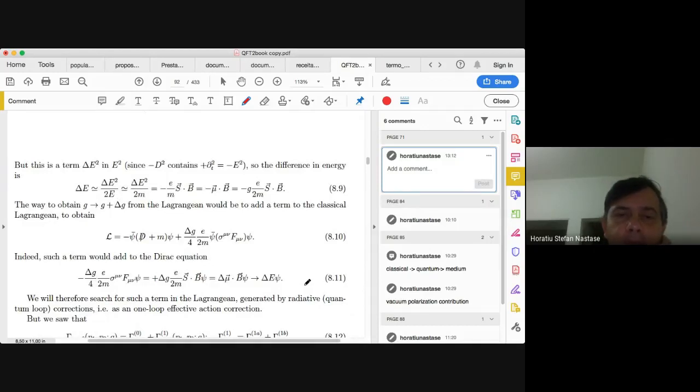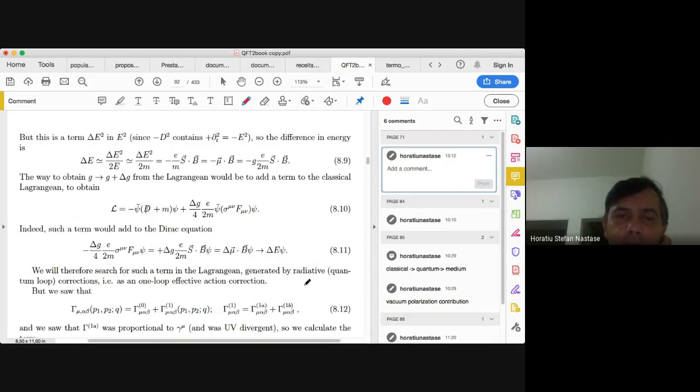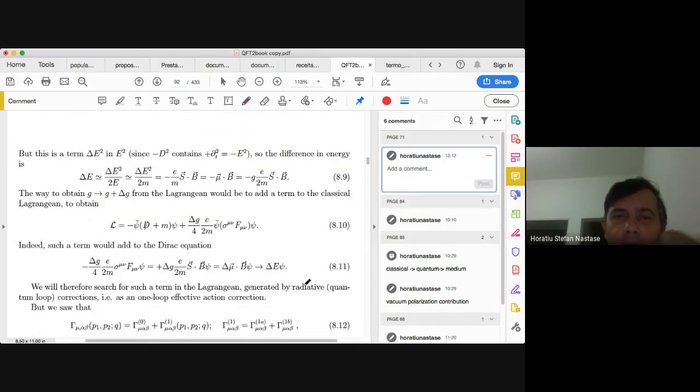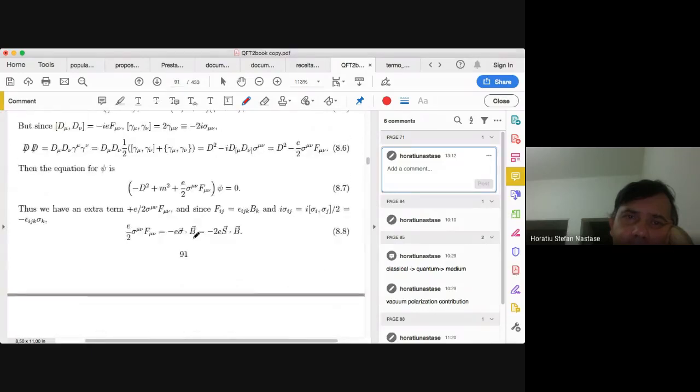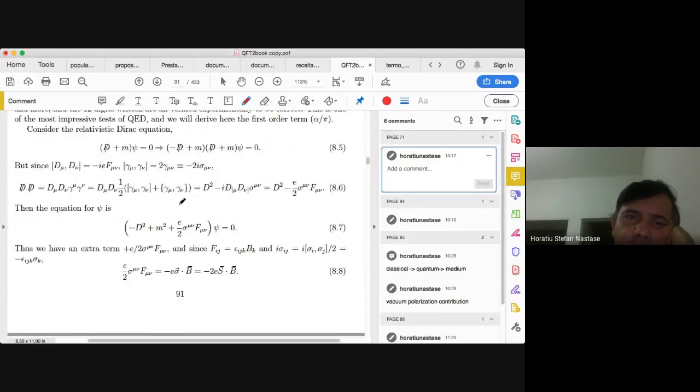Now, the way we obtained this was from the Dirac equation, by multiplying the Dirac equation with another operator.